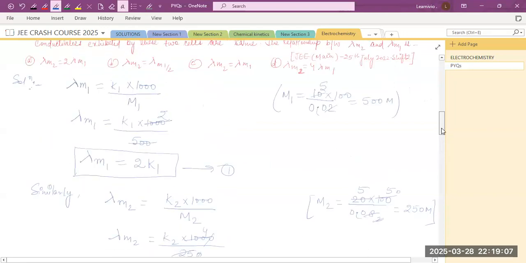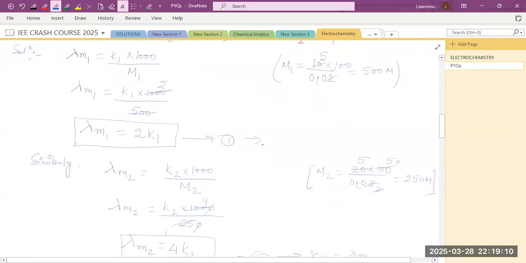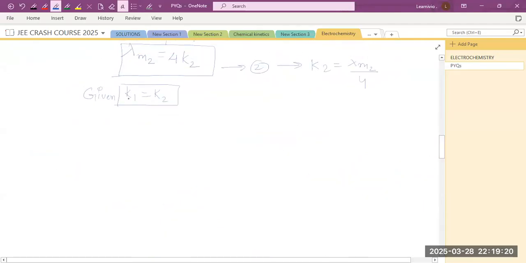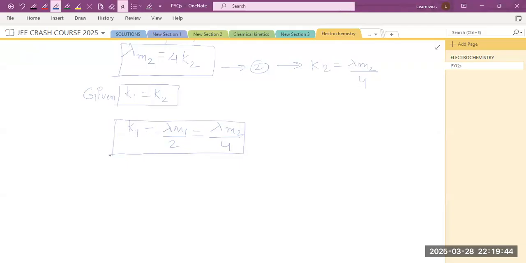Similarly, for this also, you can write K1 equals to lambda M1 upon 2. Now it is given that K1 equals K2. So what will you get? K1 will be equals to lambda M1 upon 2, and it is also equals to lambda M2 upon 4.